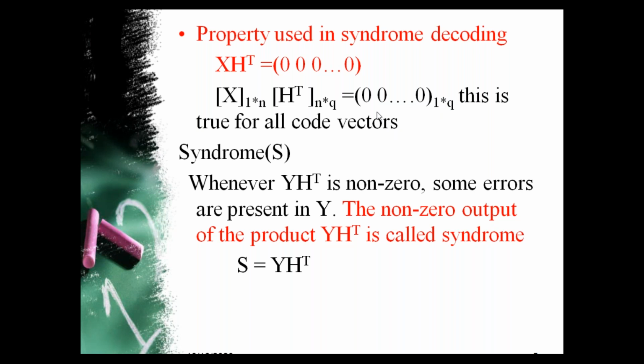That is, the extra check bits we are adding to the message bits for the purpose of error detection and correction. Therefore, we can take y as a received vector or the received code word. Then if we multiply y with the h transpose matrix, we get a 0 vector or a non-zero vector.